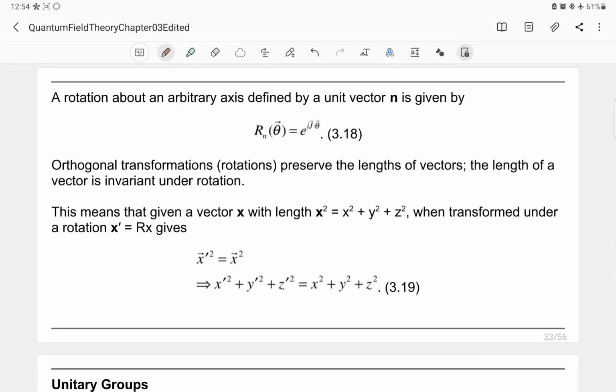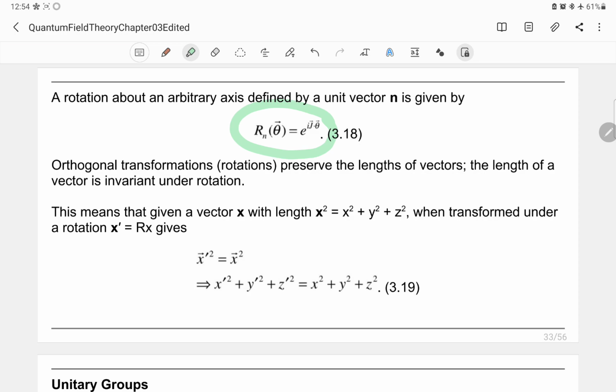A rotation about an arbitrary axis defined by unit vector n is given by this one. It's a combination of the three directions of rotation. So this is just given by this one here.